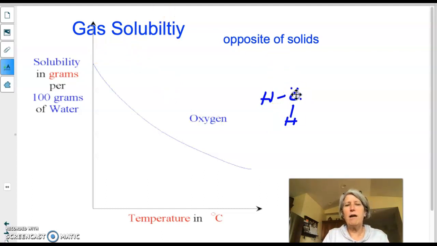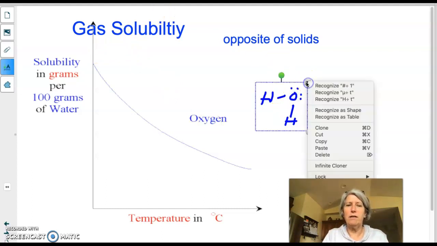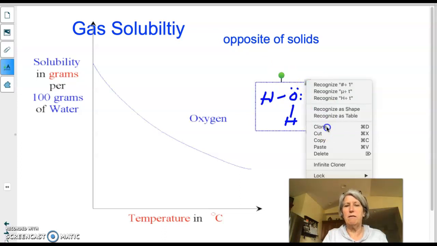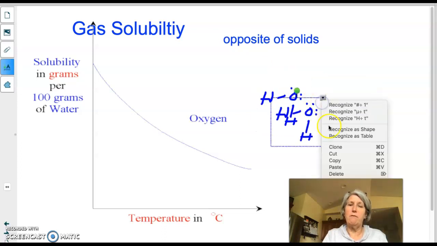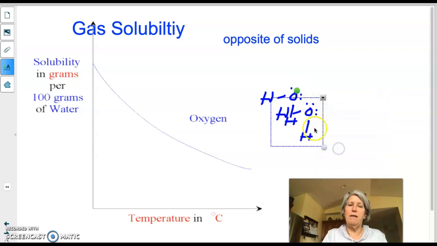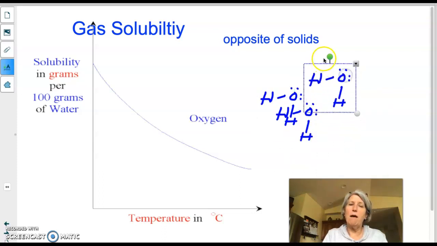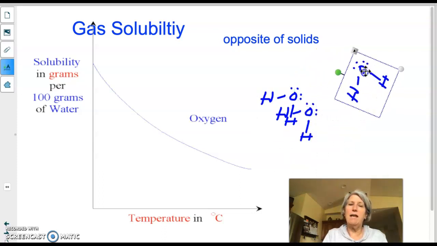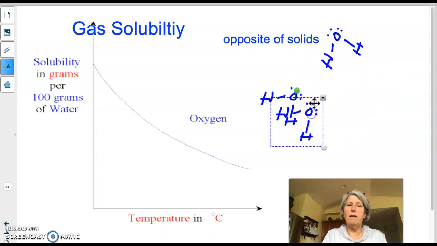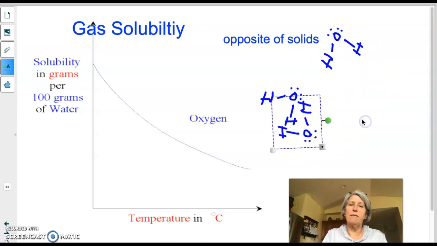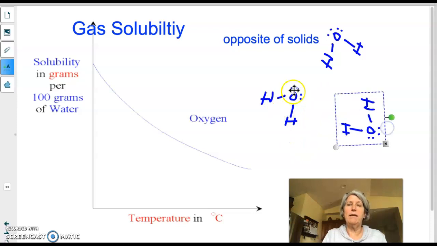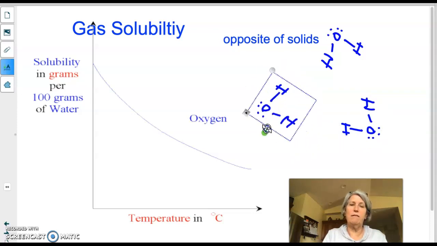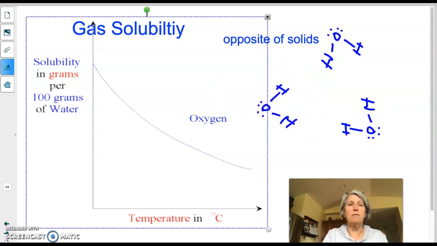So if we're talking about a water molecule here, I'm going to clone this, so I'm going to give ourselves a couple of water molecules. And what happens with the water molecule is that it has the ability to kind of dissolve, encapsulate, if you will, the oxygen molecule, okay?